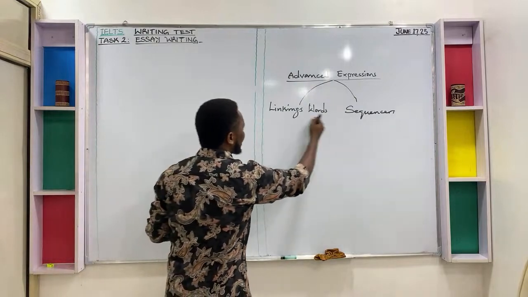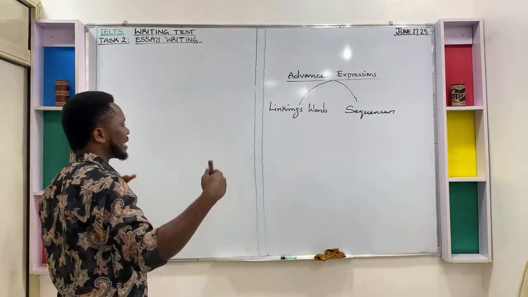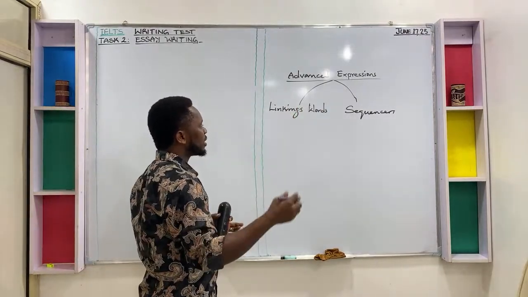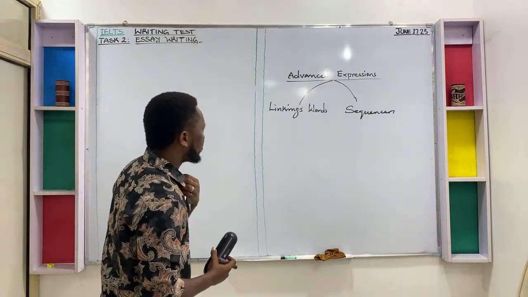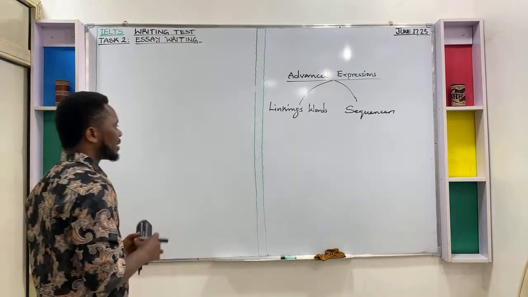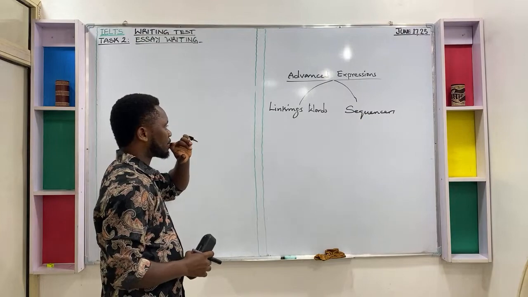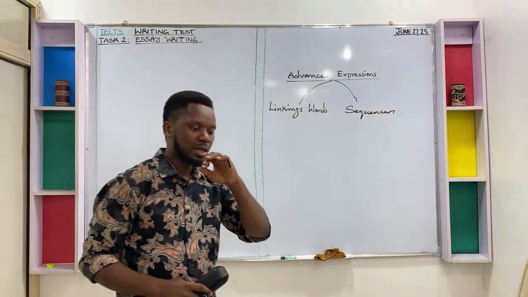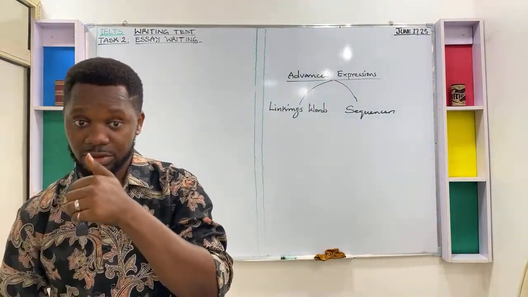Alright, so linking words are words that are used to link or join or connect independent sentences together to become one. Okay? So examples of linking words, as you have rightly said, would be whereas, on the other hand, contrarily, maybe you can say hence, right?